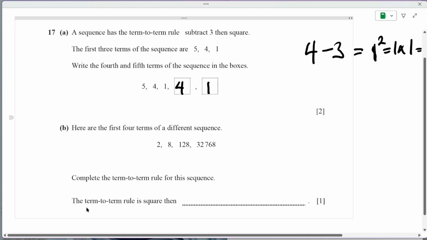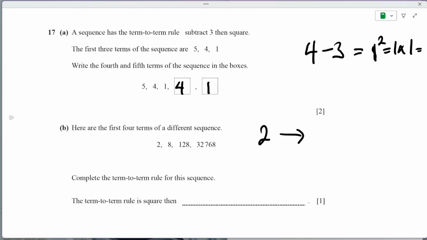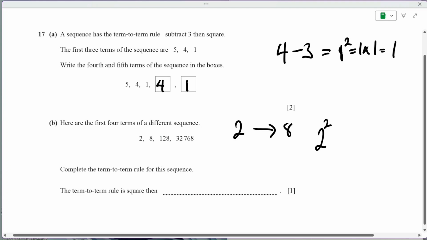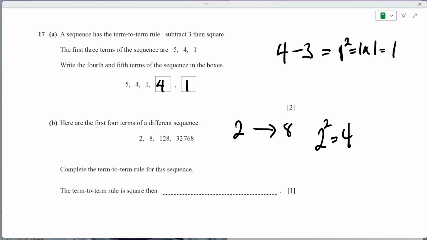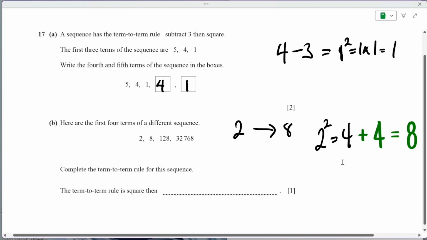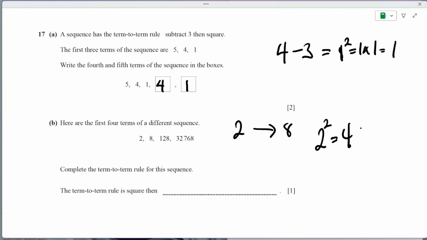You have the first term and this is the second term. So how would 2 give you 8? First, let's square 2. 2 squared is 2 times 2, that's 4. Then how would 4 give you 8? Either you add 4 to 4 to give you 8, or you multiply 4 by 2 to give you 8. So let's say you do 4 times 2, that's 8.